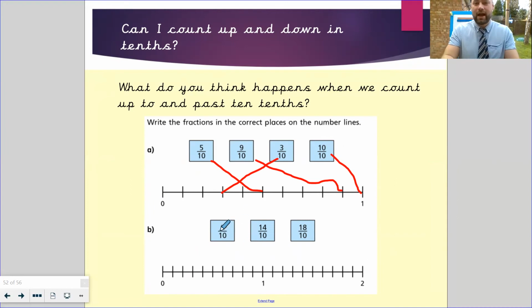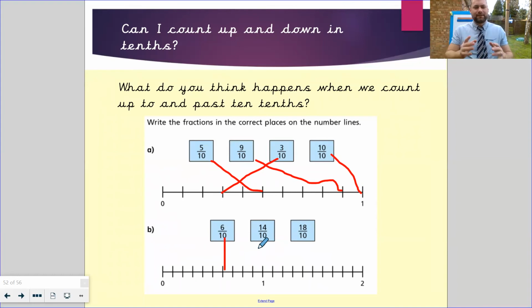Let's say in one week, someone only eats 6 slices of the pizzas. So we go 1, 2, 3, 4, 5, 6. That is 6 tenths.